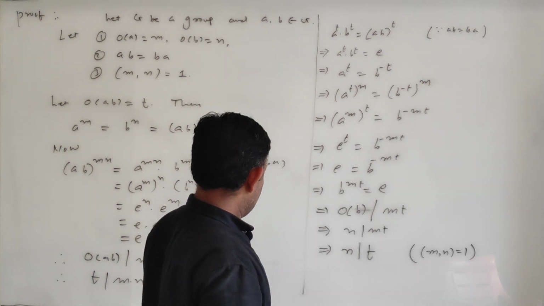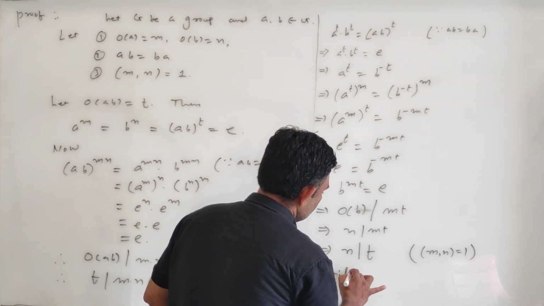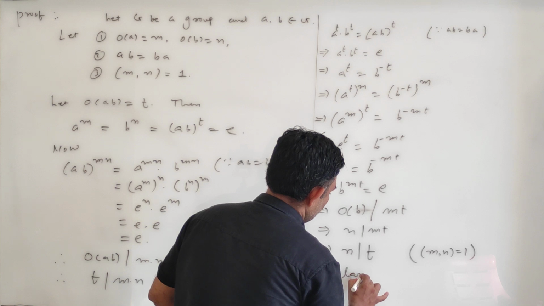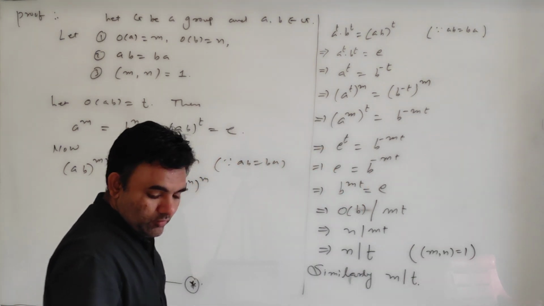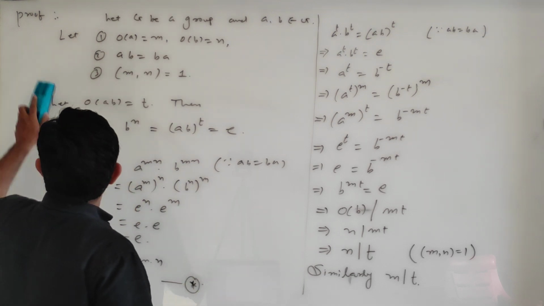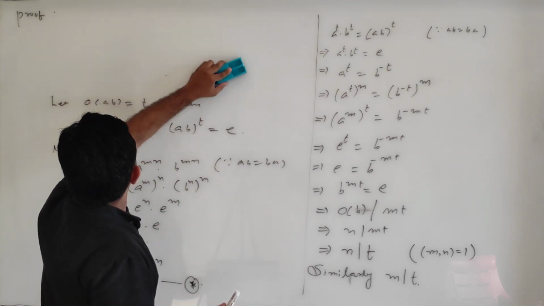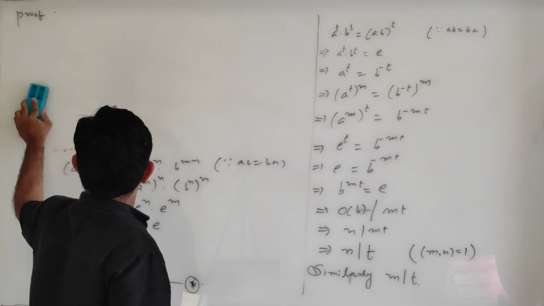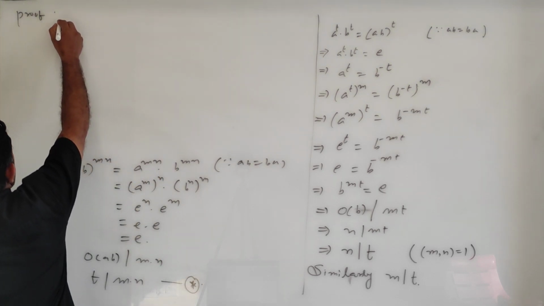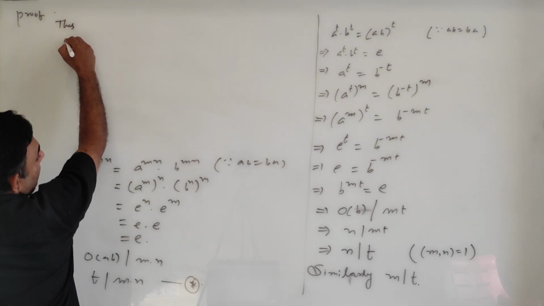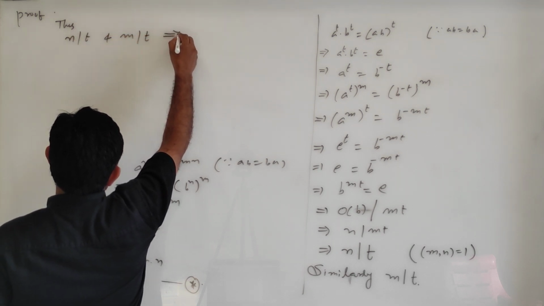Similarly, m will divide t. Thus I have n divides t and m divides t, so it gives me what?